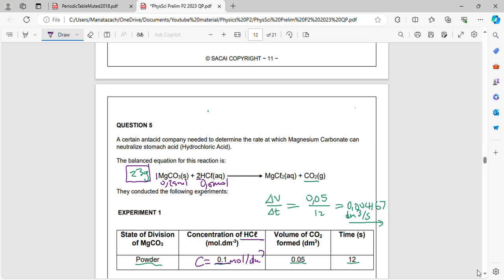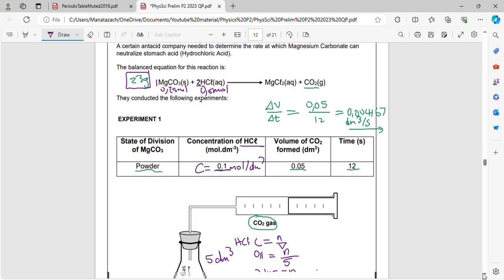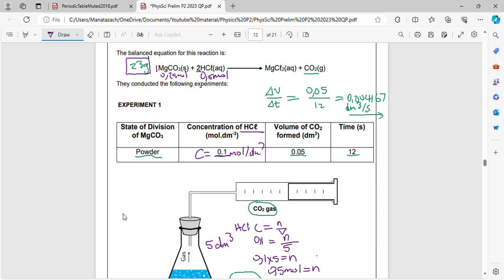Let's come back here. The formula that you'll use is n is equal to mass divided by molar mass. We'll calculate the number of moles. Remember, this now is for magnesium carbonate. The mass is 23 grams, that one we are covered.